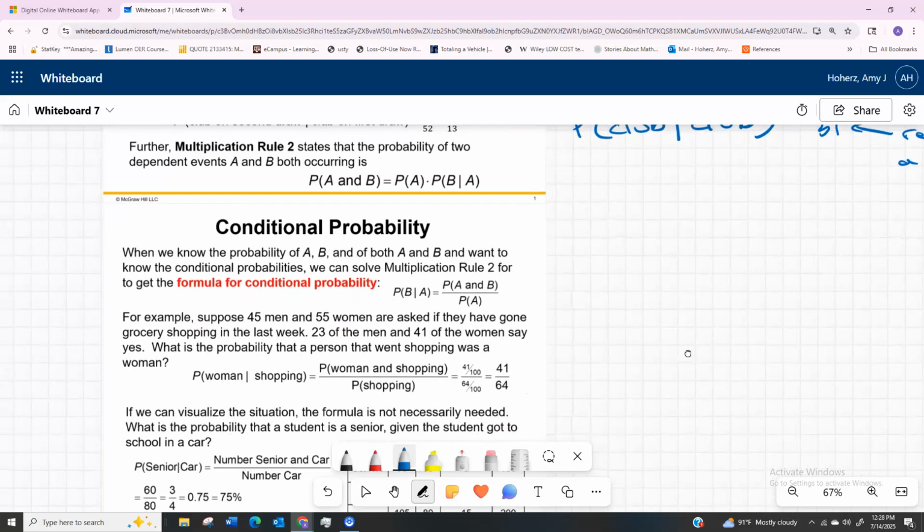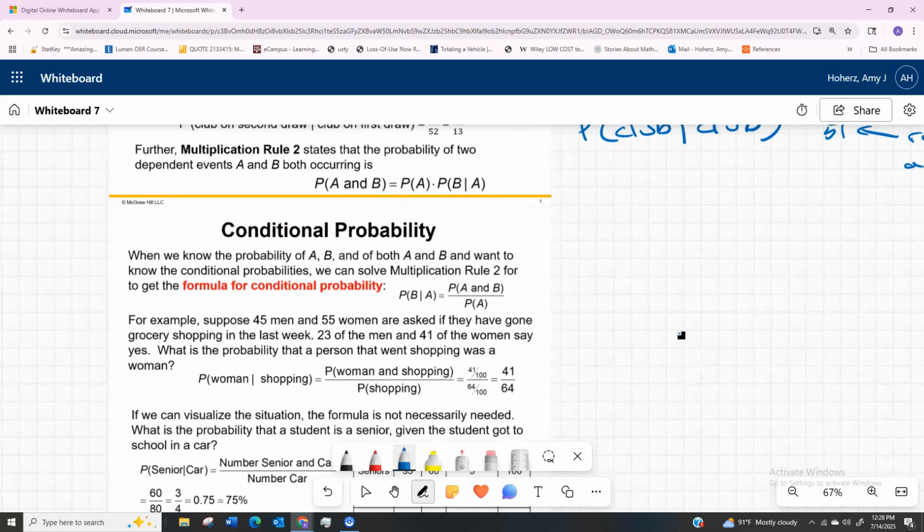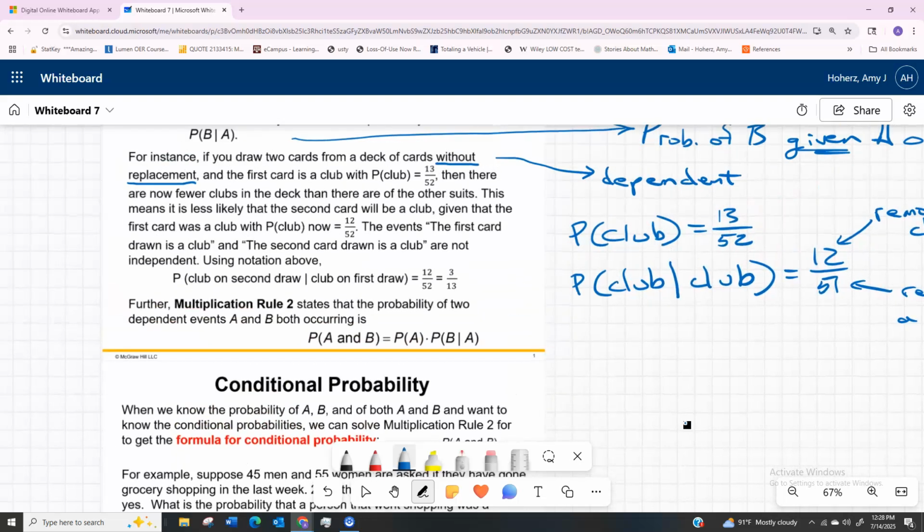the multiplication rule 2 says that if you have two dependent events, instead of just doing probability of A times probability of B, you have to do the probability of A and then multiply that times the probability of B given A already occurred.